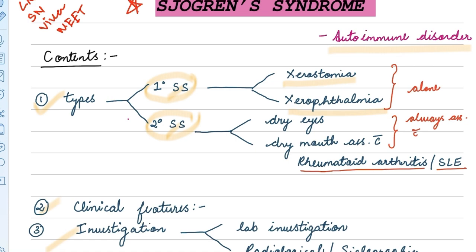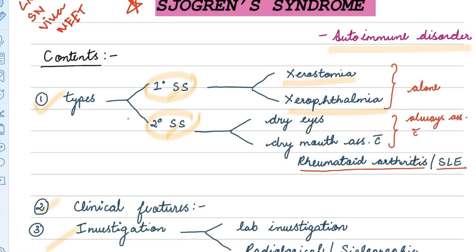What is SLE? It is systemic lupus erythematosus. So in primary we have xerostomia and xerophthalmia alone, and in secondary Sjogren syndrome we have dry eyes, dry mouth, and it is associated with rheumatoid arthritis and SLE.